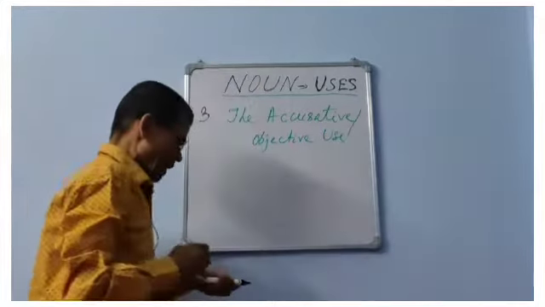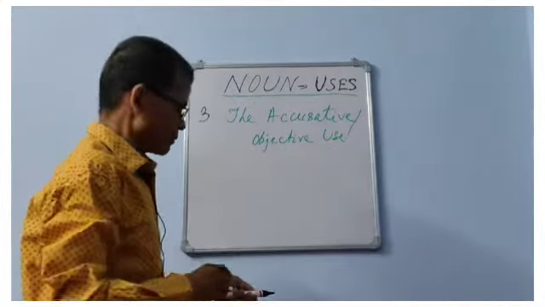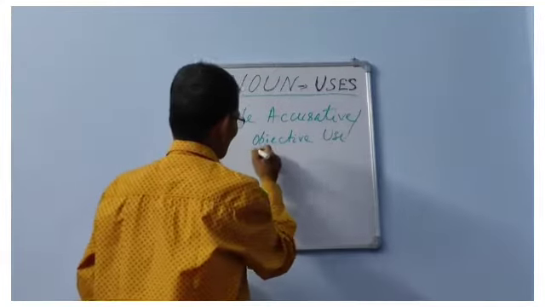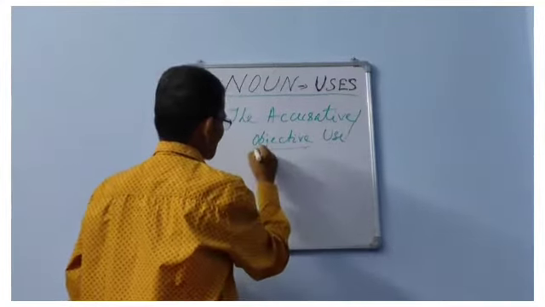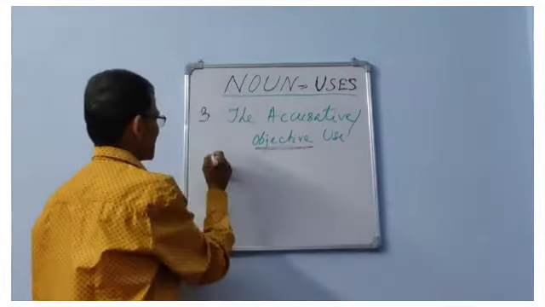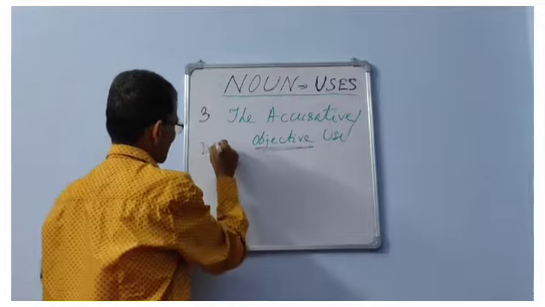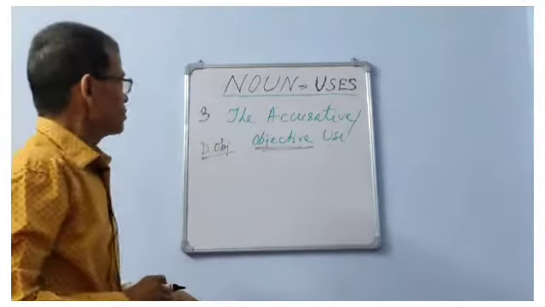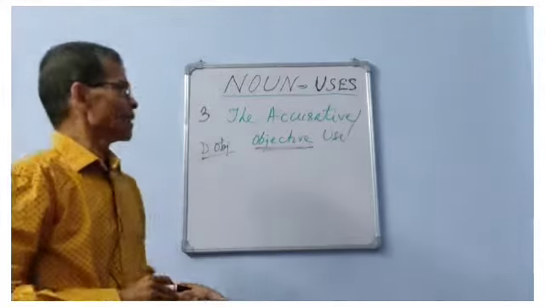Here we have to see how a noun is used as the direct object. This is called accusative use of a noun.